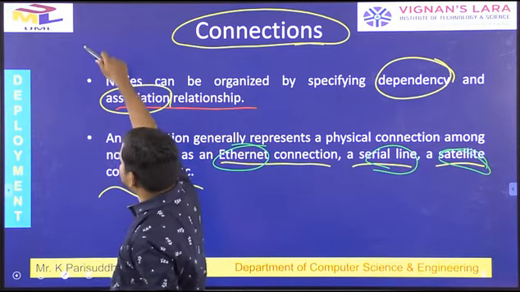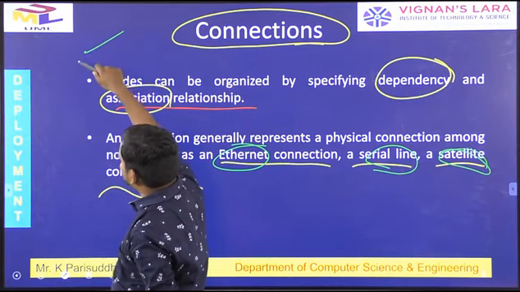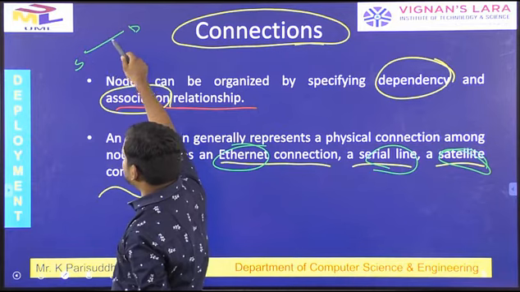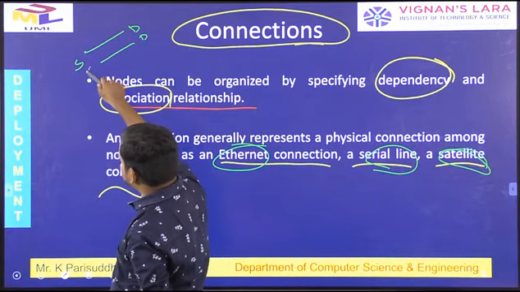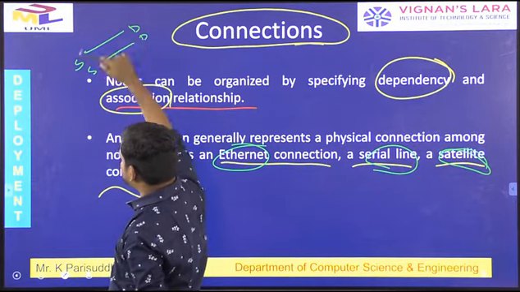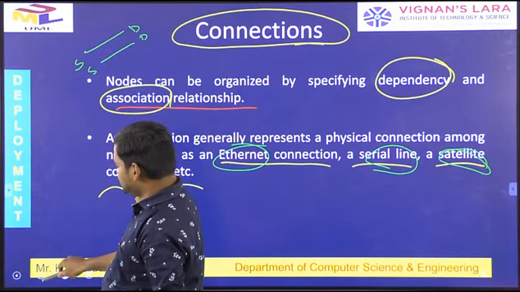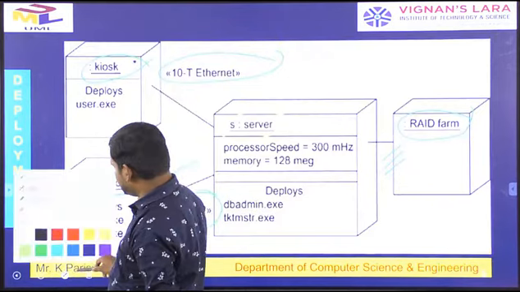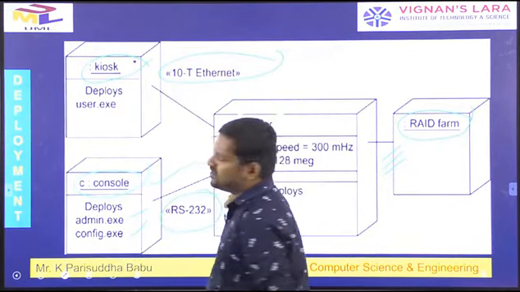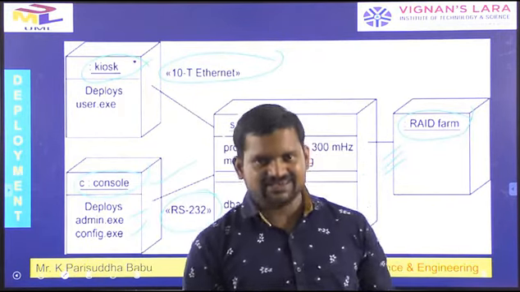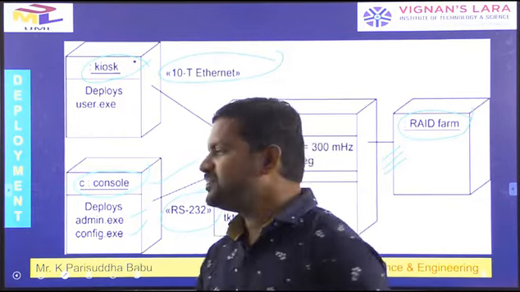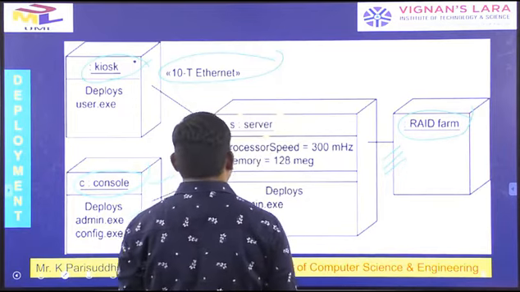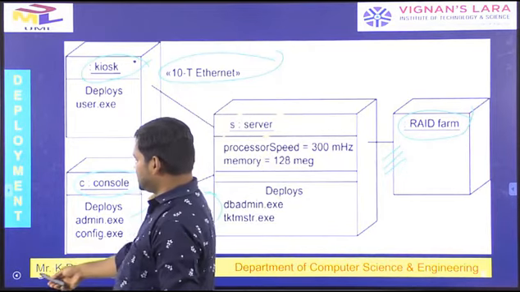Association is a symbol that connects from one source to the destination, or the destination to source, so we give no direction. Association is nothing but a bidirectional flow in the relationships. Now this is the kiosk deploys username. This way we have to connect.